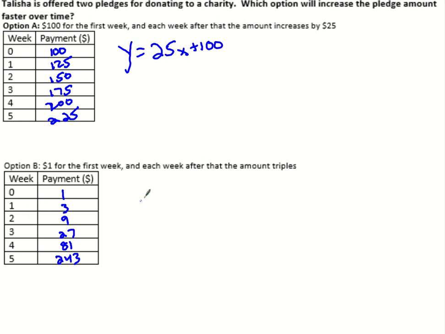This one ended up with 225. And that's the difference with exponential functions, is they increase much, much faster. Okay, and even if you start at a low amount. So this function would be 3 to the power of x. So linear, exponential is going to increase a lot faster.